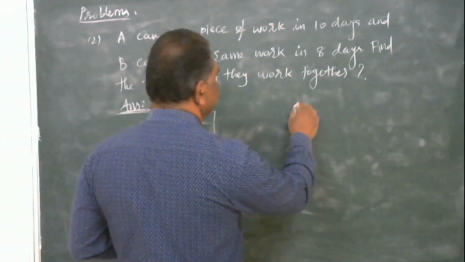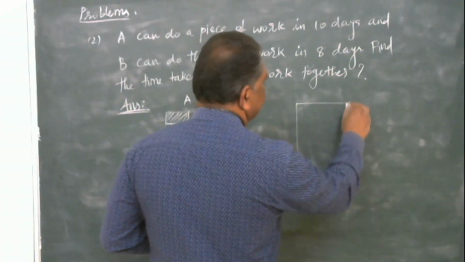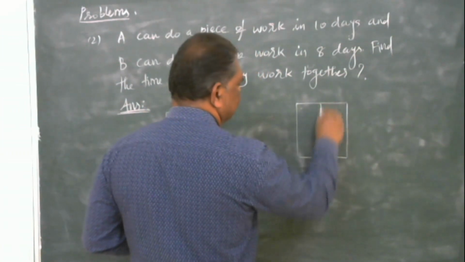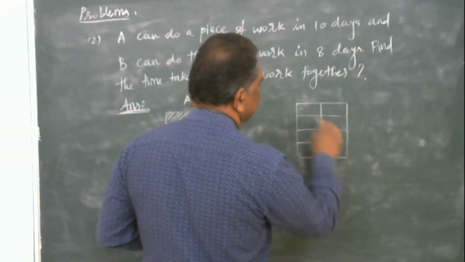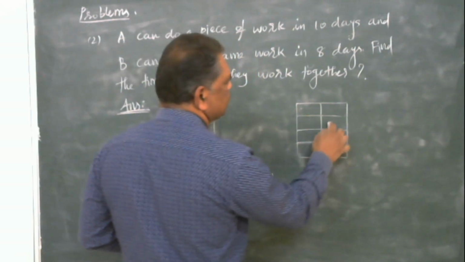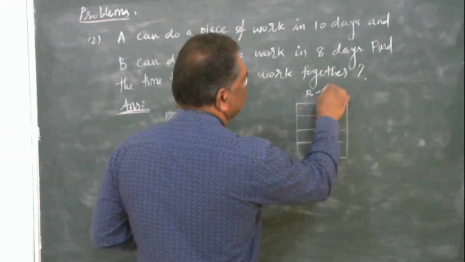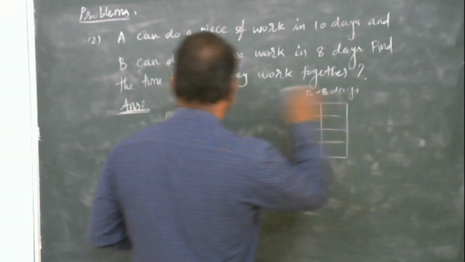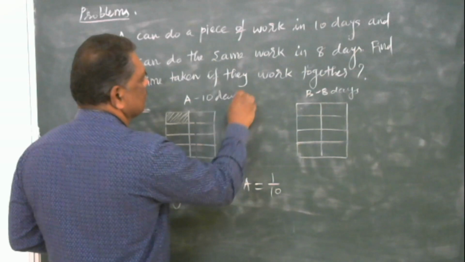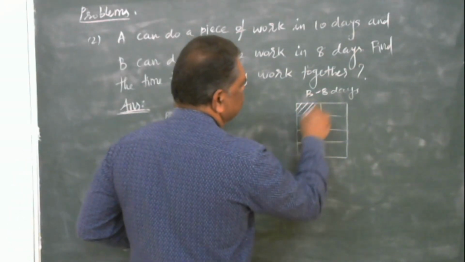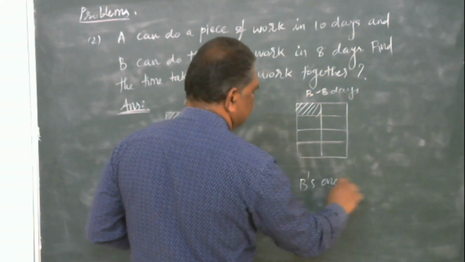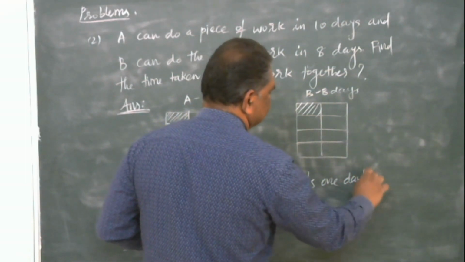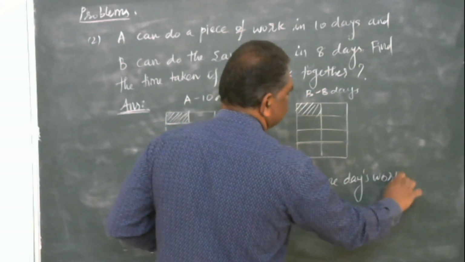Similarly, B can complete the same work in 8 days. 1, 2, 3, 4, 5, 6, 7, 8 days. Clear? So 1 day's work will be this much. So B's 1 day's work is equal to how much he will be doing?